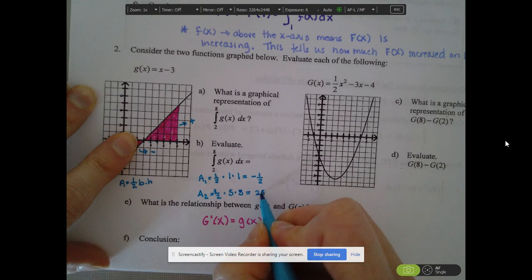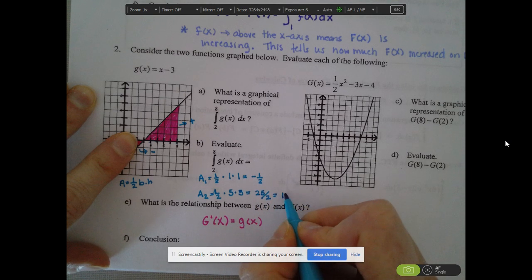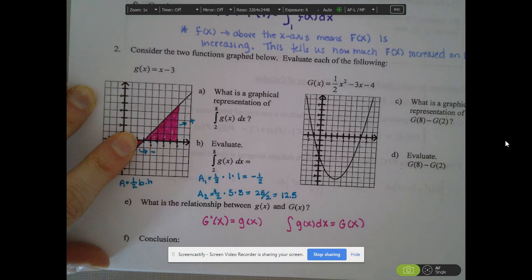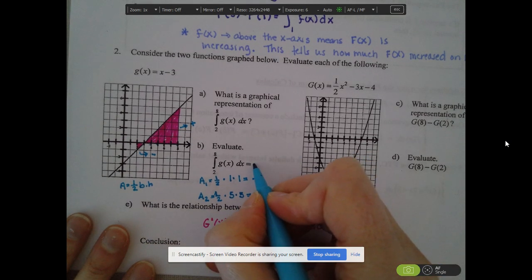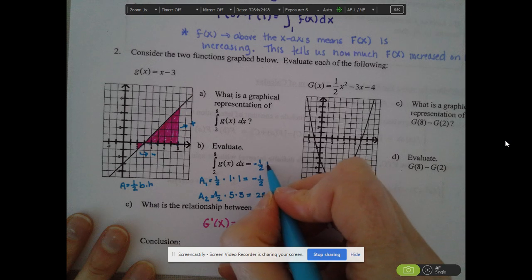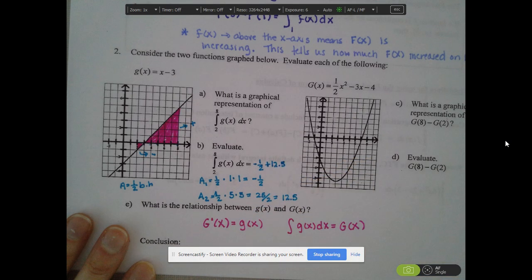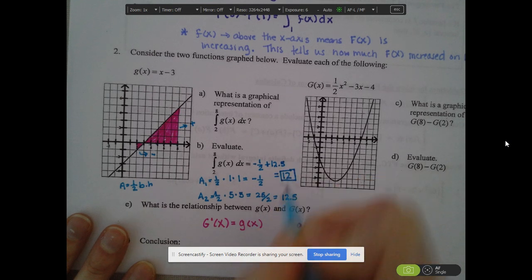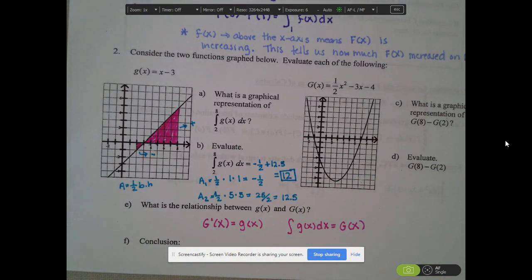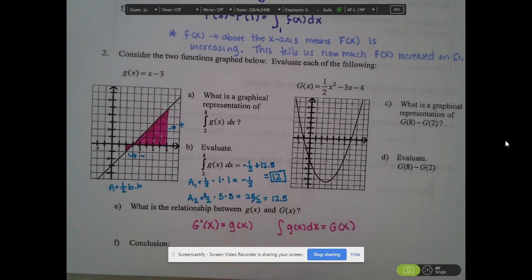That's going to get me 25 halves, or 12.5. So if I was going to evaluate the region, we're going to take the sum of these two regions. So negative 1/2 plus 12.5 gives us a value of 12. Basically a net accumulation. When you've got those negative areas underneath there, this is our accumulation of area as we go from point 2 to 8.